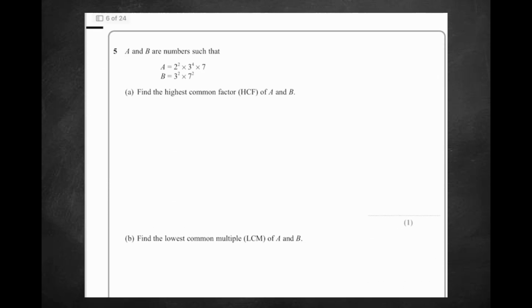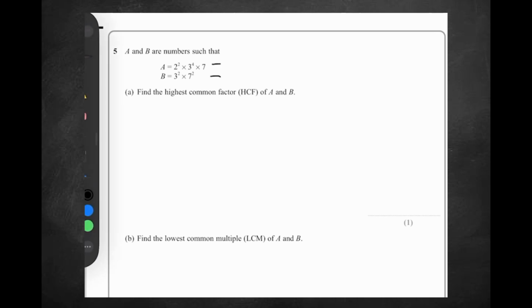Question number 5. A and B are numbers such that A equals 2 squared times 3 to the 4 times 7, and B equals 3 squared times 7 squared. Find the highest common factor of A and B. So to do this, we have to find which of the prime factors are in both. So in A, we have 2 times 2 times 3 times 3 times 3 times 3 times 7.